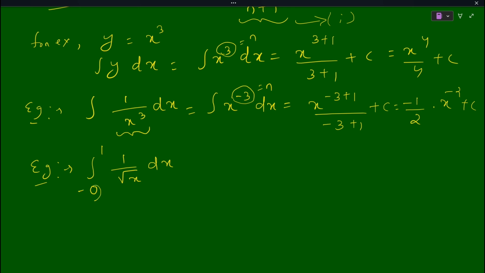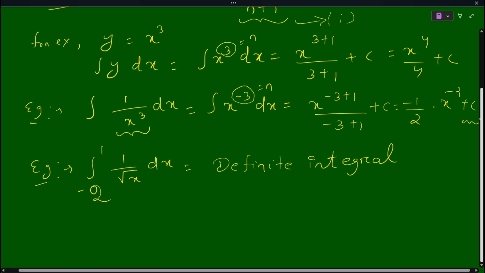Okay, so how to solve this one? See, this is a definite integral. In a definite integral, after the integration we don't use the value plus c. Instead of that, after integrating we will use the limits. So now let's see how to use those limits.